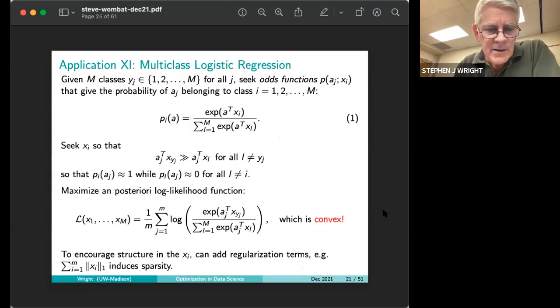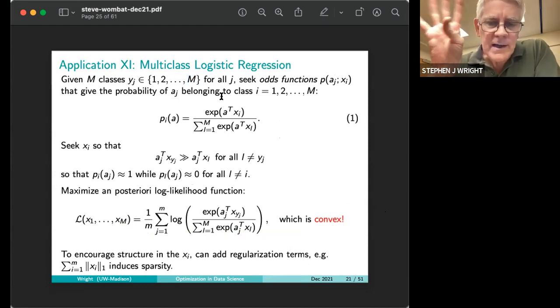Okay, multi-class logistic regression. This is an extension of classification where you've got multiple classes. You don't just have 2 classes, but the object you're looking at could belong to one of M classes. And in the case of image classification, M can be really big. It can be in the hundreds or thousands. What you're looking for is not a prediction about which class the object belongs to, but a set of odds.